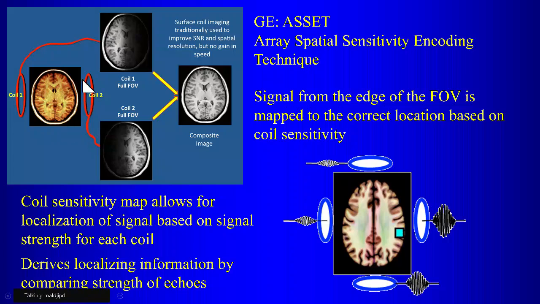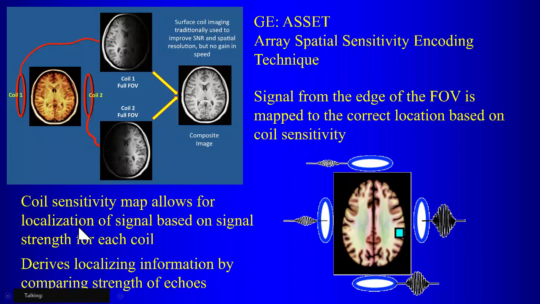From the other side, if I were to generate an image from this coil, this is what it would look like. Again, because this anatomy over here is closest to this coil. That's what it looks like. It's by putting the data together that you're able to generate this image that you look at, right? Well, there is some spatial information here.